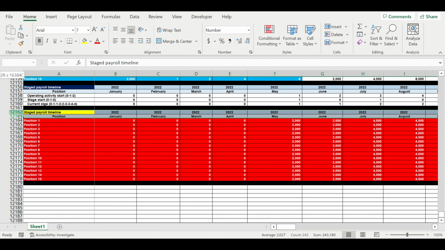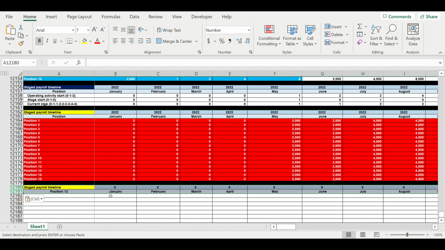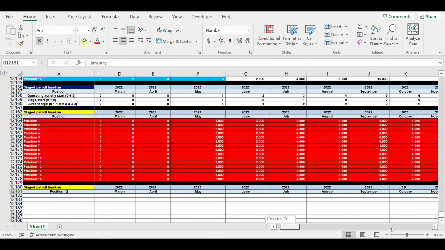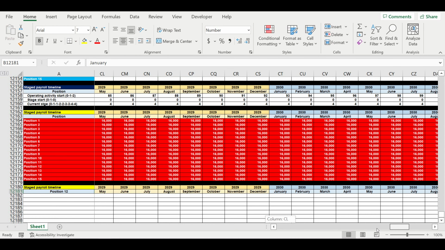So let's start building the cash flow statement. The cash flow statement is an almost 100% automated table.